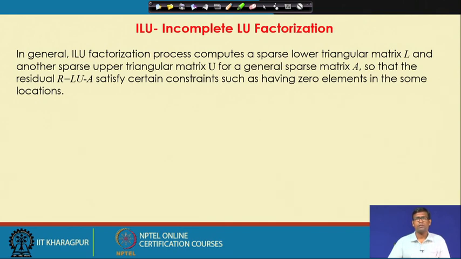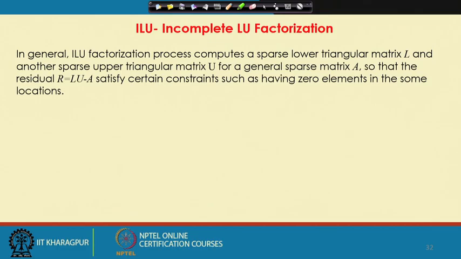So, we will come to a general definition of ILU, or incomplete LU factorization. The exact forms of the lower and upper triangular matrices are obtained from a general sparse matrix A, so that the residual R is equal to LU minus A, which is the residual, satisfies certain constraints. One constraint is that, because this is a sparse matrix, similarly R will also be a sparse matrix, and we might like to have 0 elements in some locations of our matrix, which will have certain advantage in storage of the matrix and in applying the matrix.